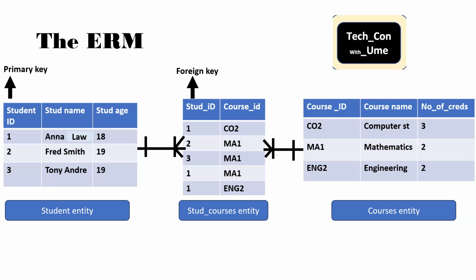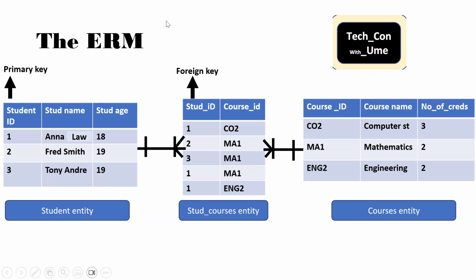The other thing to note is that with respect to any one-to-many relationship between two tables, the primary key will be held in the table that's on the one side of the relationship, as can be seen in this instance.